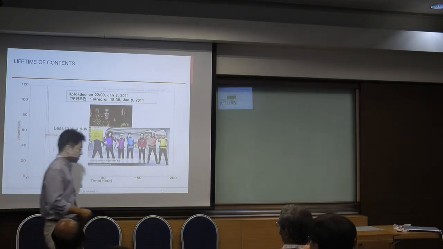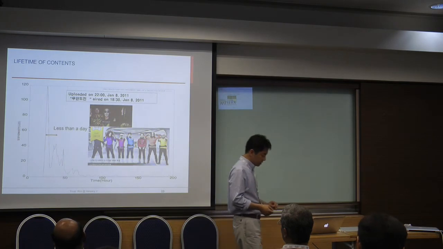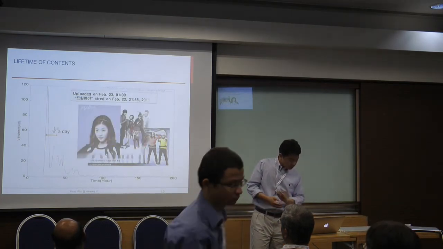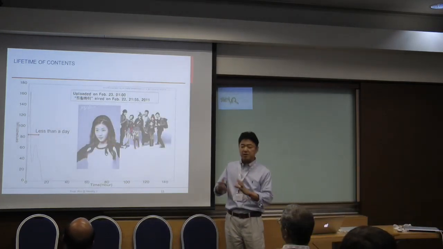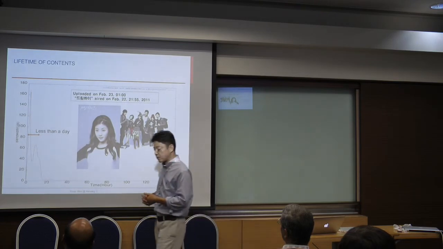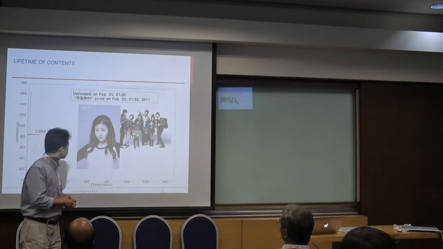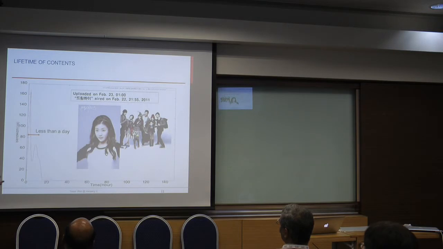This is one of the titles, and the other video title is another sitcom, the most popular title in Korea, and the same thing happens. It aired on February 22nd at 9:55, and it was encoded and uploaded 2 hours later to the server.